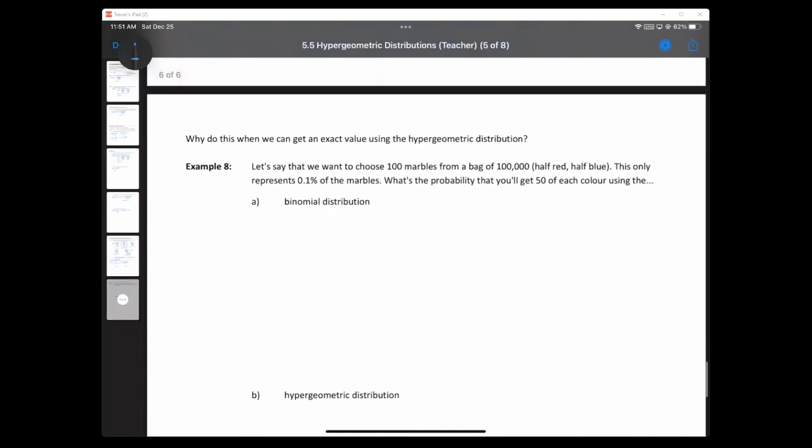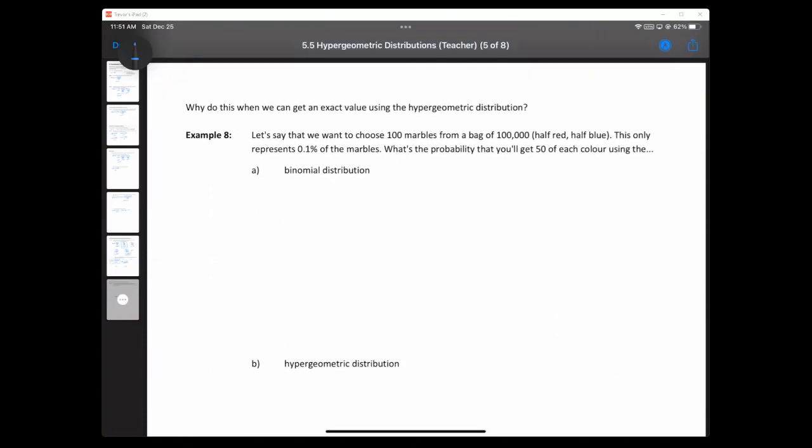Now, I do want to point out that even at 100 marbles, we're talking about 0.1% of the marbles being taken out. So the binomial approximation of this should be pretty good, because we're talking about taking out a very small number of marbles, which means that the experiments are almost identical and almost independent. Not quite, but close.